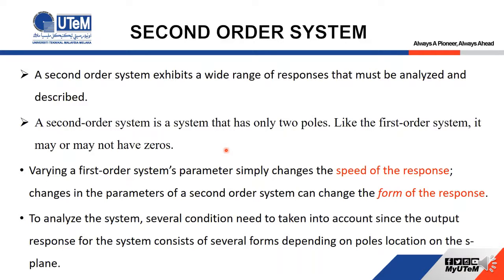These quantities are settling time, Ts, rise time, Tr, final value, peak value, Tp, and also percentage of overshoot. To analyze the system, several conditions need to be taken into account, since the output response consists of several forms depending on the pole location on the S-plane.